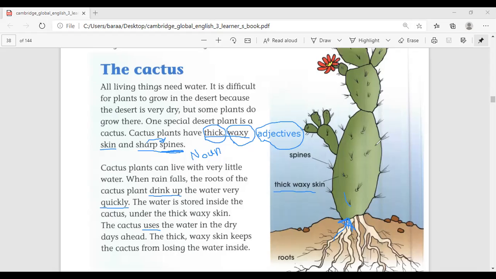Okay, guys? So that's it for the lesson, that's it for today. I want you to know that we have to know the main characteristics related to each plant that lives in the desert. We have a worksheet.